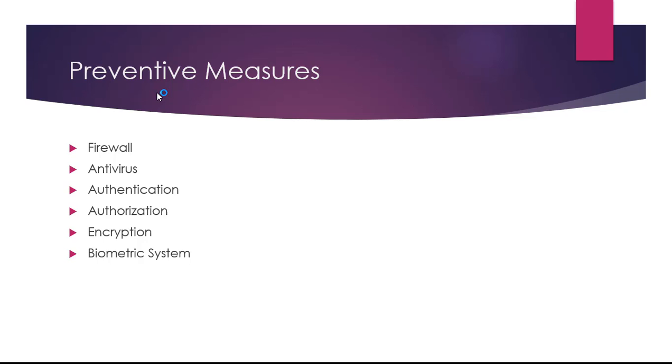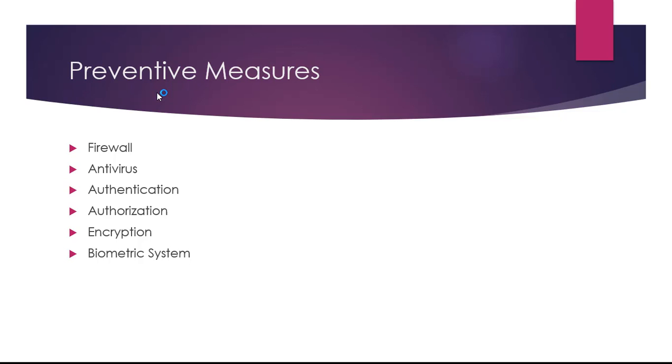And the last one is biometric systems. These are systems which can recognize the biometrics of persons, for example, retina scan or fingerprinting, or if required, DNA sampling, or simply face recognition.